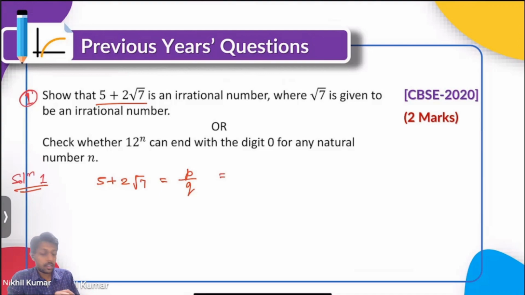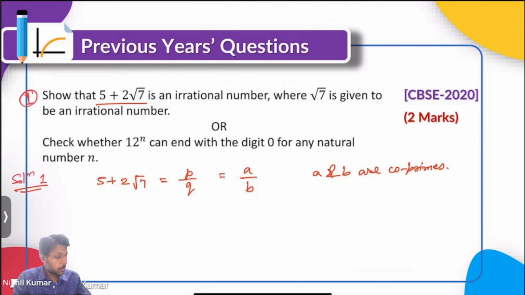So if there is some common factor between P and Q, you can cancel them out and you get two co-prime numbers A and B. A and B are co-primes. Okay, so 5 plus 2 root 7 is equal to A by B. We're just going to focus on that.